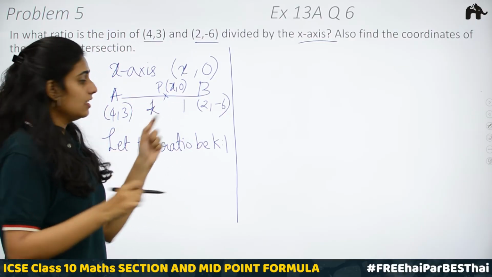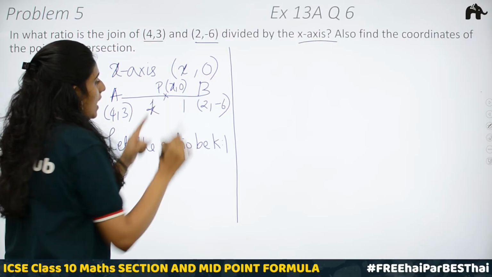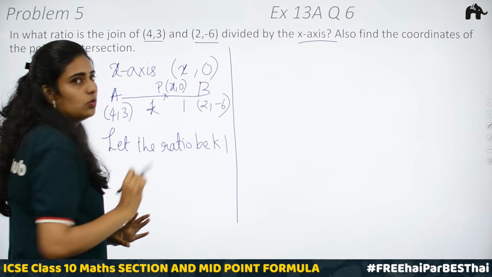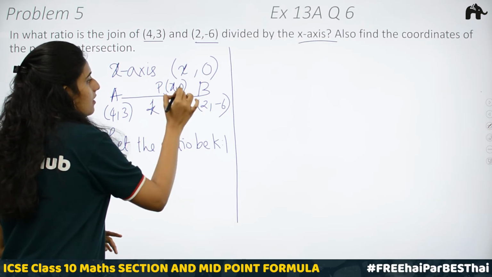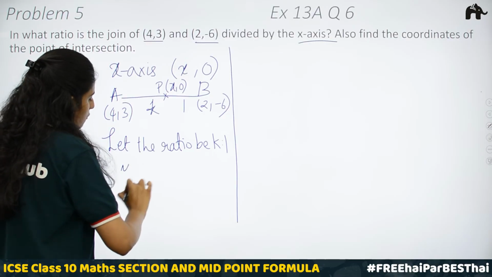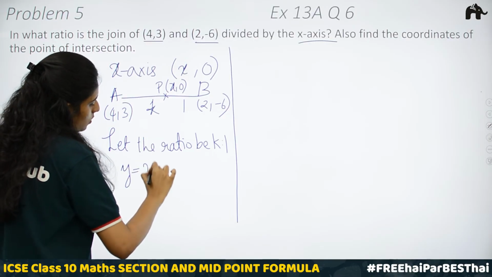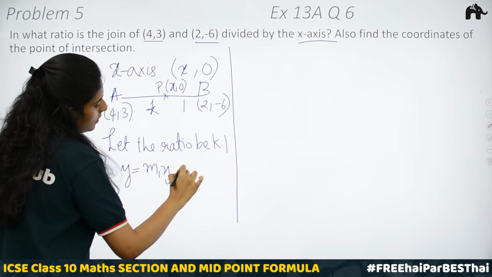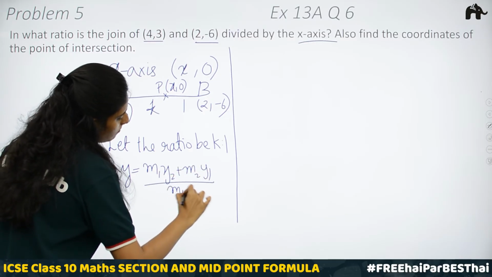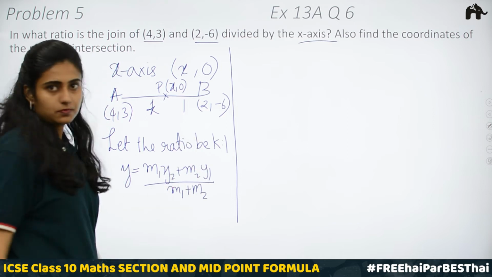Just check this. Here, which coordinate will help us find the value of k? X, we don't know the value of x. Here we have the y coordinate 0. So, taking the section formula for the y coordinate, y is equal to (m1 y2 plus m2 y1) divided by (m1 plus m2).